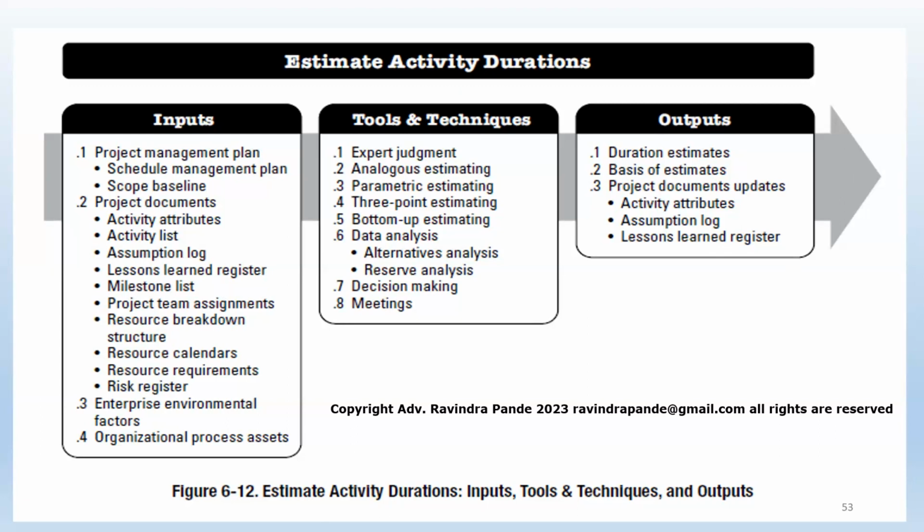And then we have enterprise environmental factors, any factors which are affecting our project from outside the organization. That also considers if there are any delays due to that, for example vendor supply might get delayed. Whenever we talk about materials, there are three types we consider: human resources, raw material, and machinery.